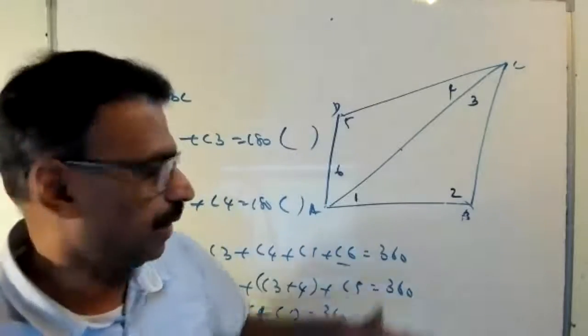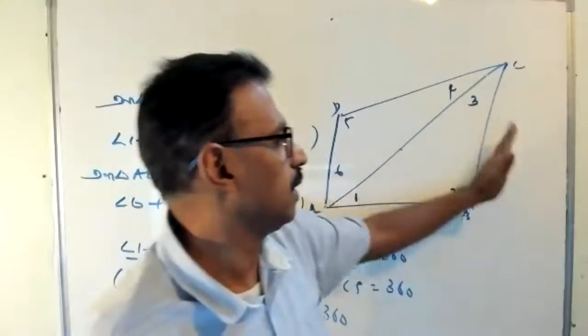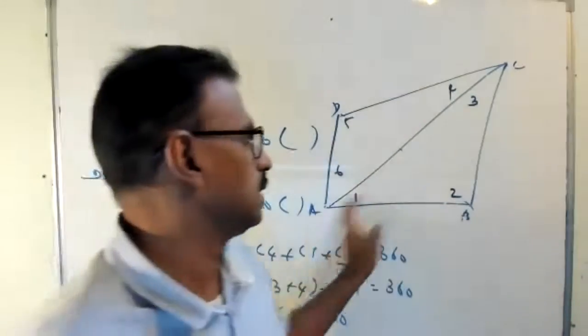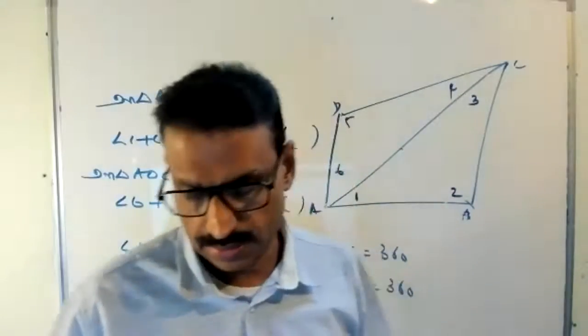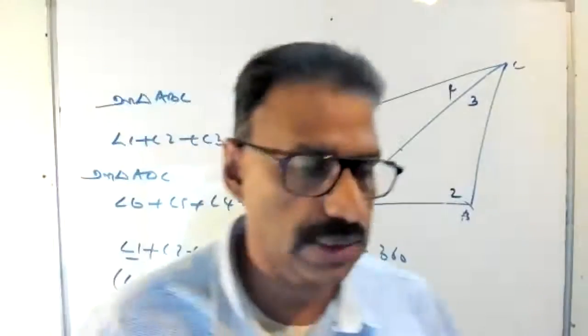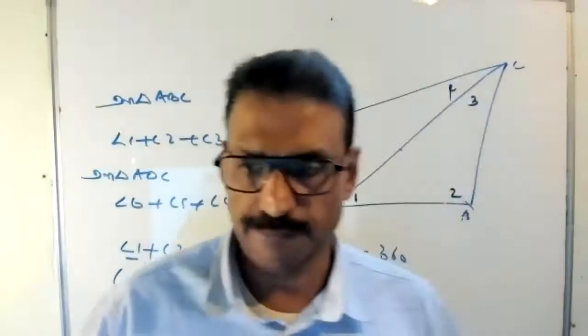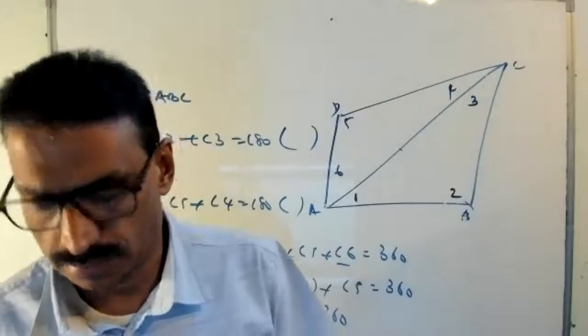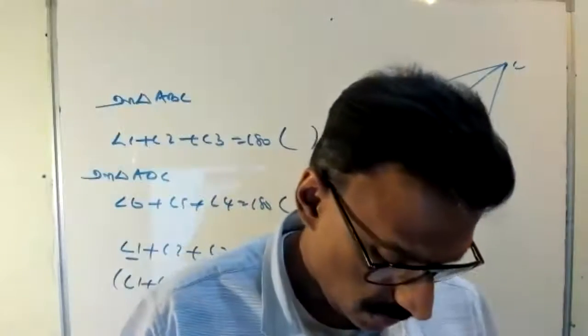Opposite side, no common point, AB and DC, BC and AD. Then a diagonal, AC and BD are two diagonals. Then we learn the angle sum property of a quadrilateral is 360 degrees. Is it okay all? Ananya, is it okay? Yes, sir.